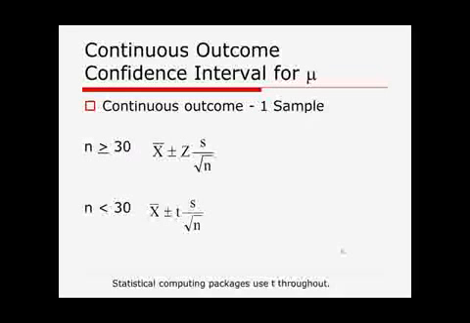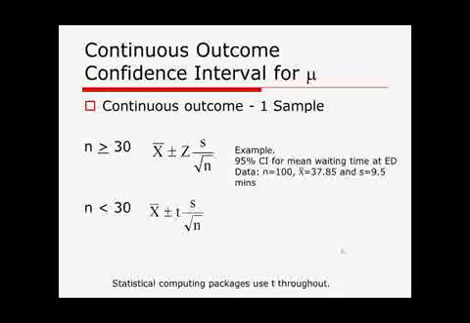The margin of error is some number to reflect the confidence level you choose, and many times we use a 95% confidence level, and then that gets multiplied by the standard error, which is the variability in our point estimate. I've written two formulas here. The difference is only in whether you use Z, which is our standard normal, or T. Most statistical computing packages just show T throughout, and then they make adjustments for whether you have a large sample or a small sample.